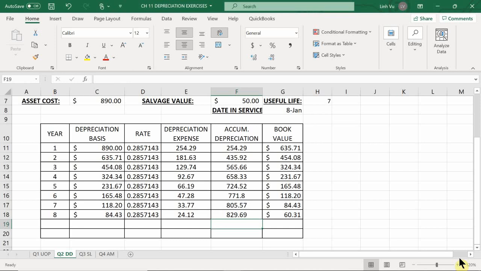Okay, so in this case, even if I did it for another year, I'm still with $60.31. At this rate, a laptop that's exceeding way above its expected estimated useful life, you already know it's technology.